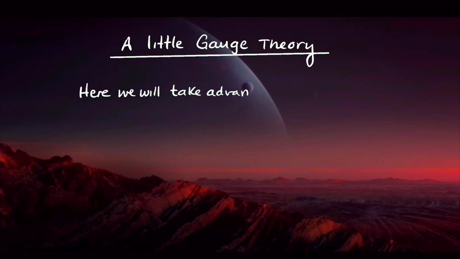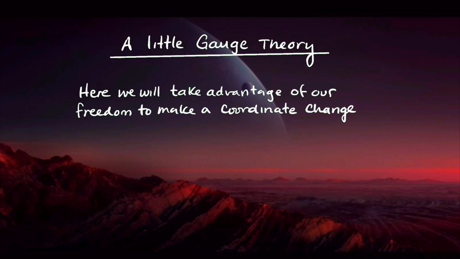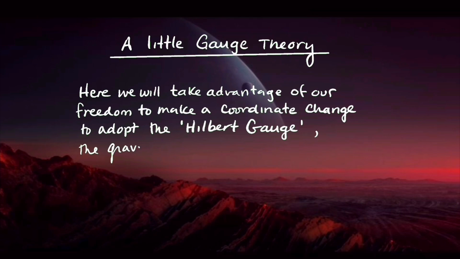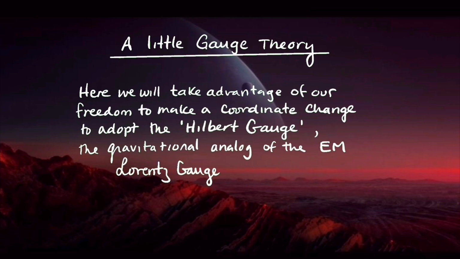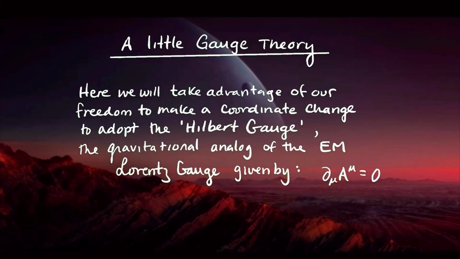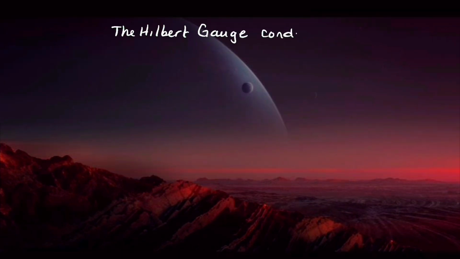So, a little gauge theory. Here we take advantage of our freedom to make a coordinate change to adopt what's called the Hilbert gauge, the gravitational analog of the electromagnetic Lorentz gauge given here, d mu a mu equals 0, where a is the electromagnetic vector potential.